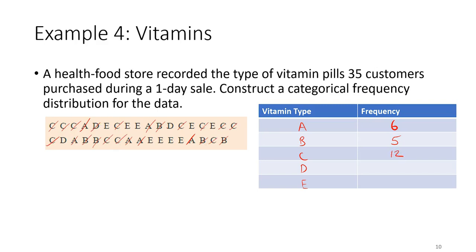D, 1, 2, 3. And then for the vitamin E, 1, 2, 3, 4, 5, 6, 7, 8, 9. And so here we have the categorical frequency distribution.